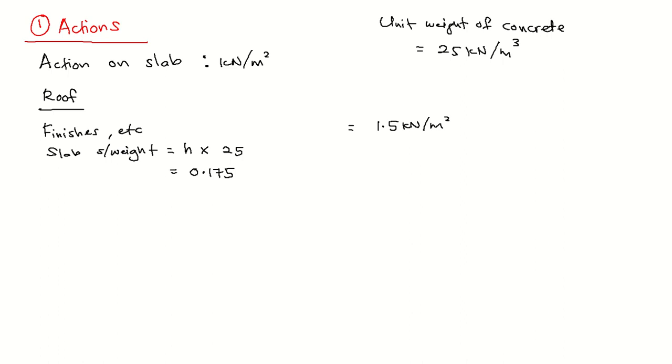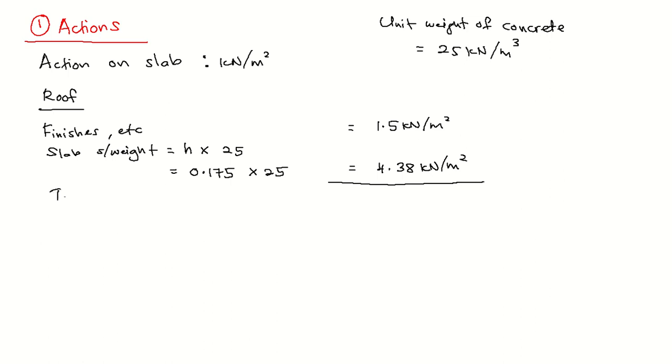This is in unit kilonewton per meter cube, per meter. So your H should be in unit meter. So 0.175 times 25 equals 4.38 kilonewton per meter square.